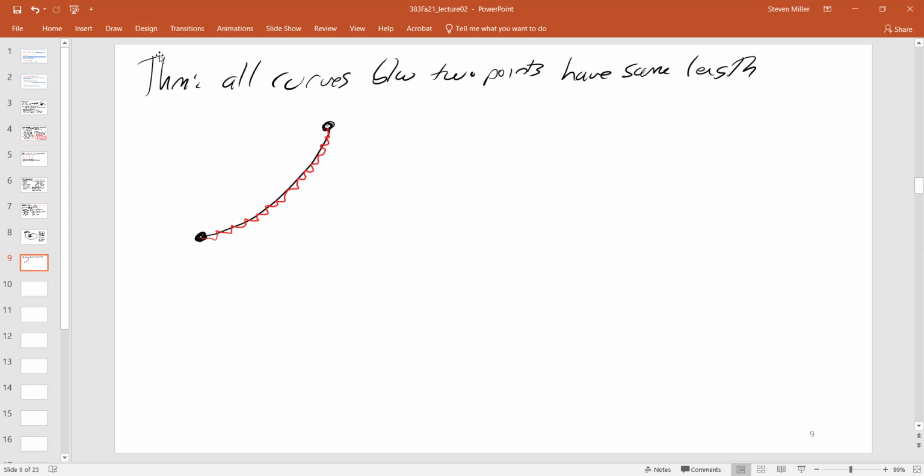I take all the vertical pieces and I shove them to the right, and I get that line. I take all the horizontal pieces and I shove them down, and I get this line. So independent of the curve I take, if I look at the length of the polygonal path, it's going to converge to the same quantity.